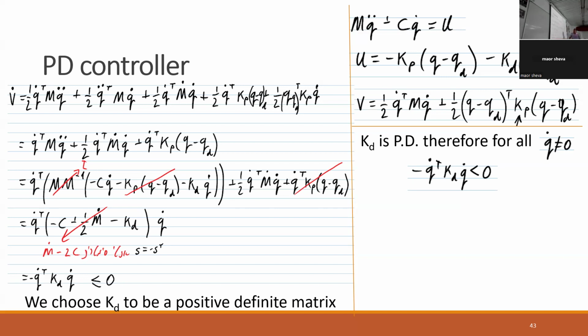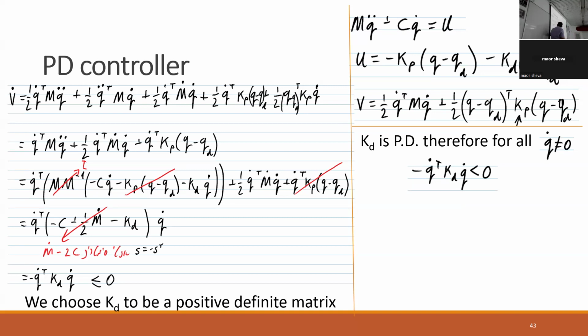Then I need to substitute, instead of M q double dot, the dynamical system, which is U minus C q dot. So I have U, which is minus Kp times q minus qd minus Kd q dot.